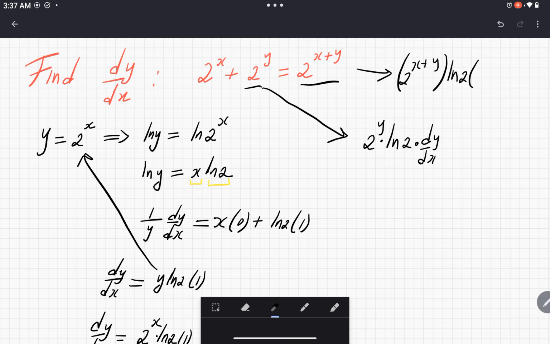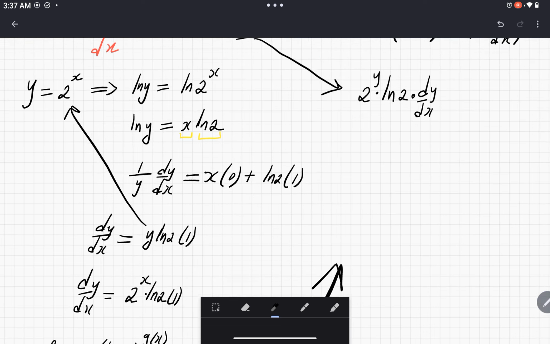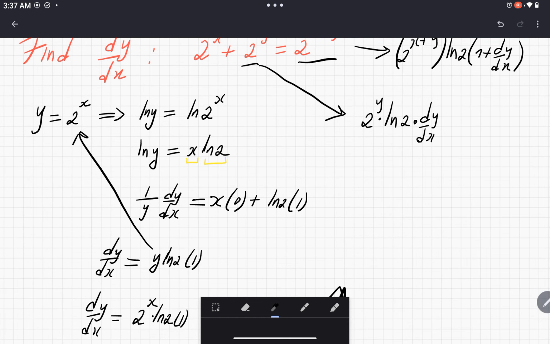Our power in this case is x plus y, and the derivative of x plus y implicitly is 1, right? The derivative of x with respect to x is 1, and the derivative of y with respect to x is dy on dx. We see that it becomes extremely easy once we have that roadmap or the formula in our mind.